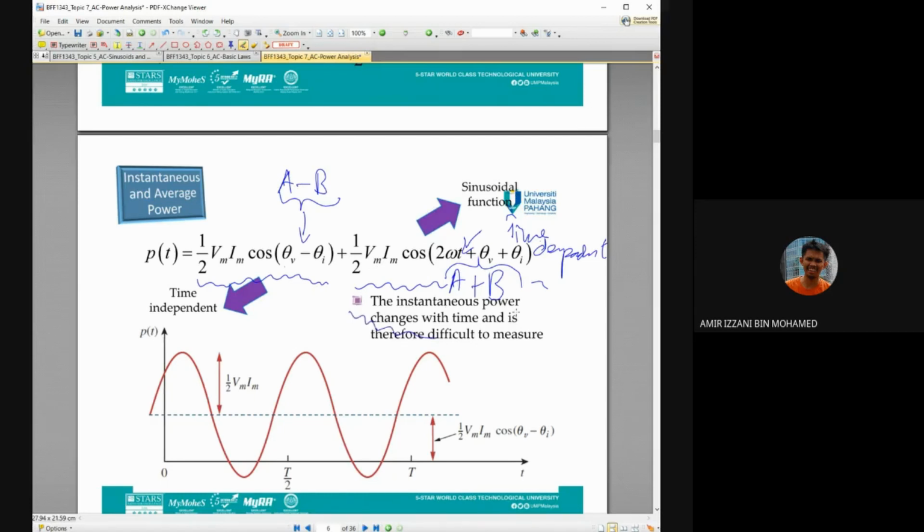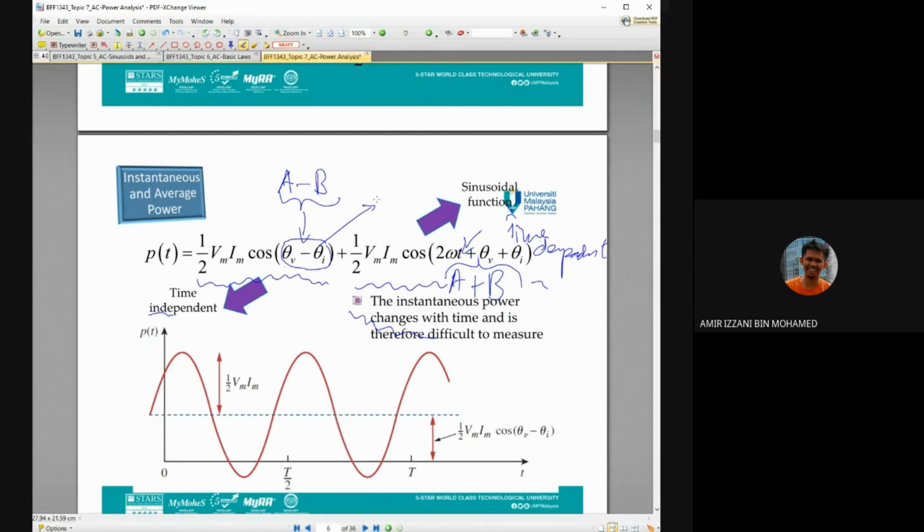So this is the instantaneous power changing with time and is therefore difficult to measure. The left side is time independent, so it doesn't depend on time. It only depends on the difference of the phase shift.